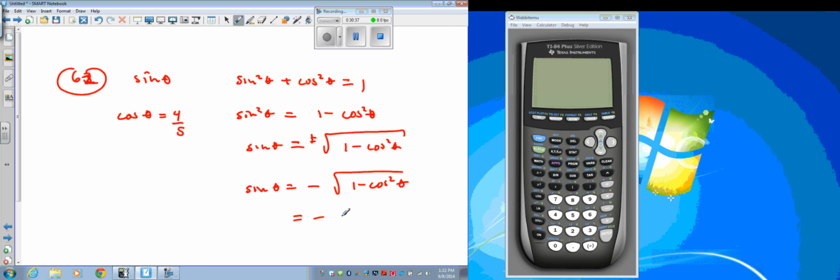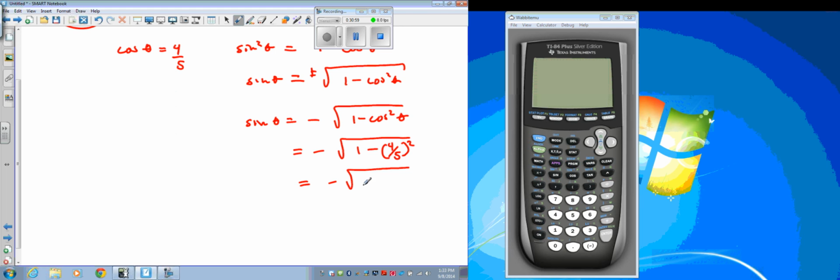And then you're going to substitute your value. And what value was that? 4/5? Now this is 16 over 25. I've got to get 25 over 25. I'm going to have to do this one and get a common denominator, because this one is going to turn into 16 over 25 when I square it.